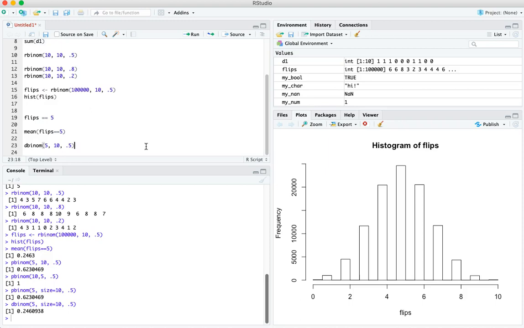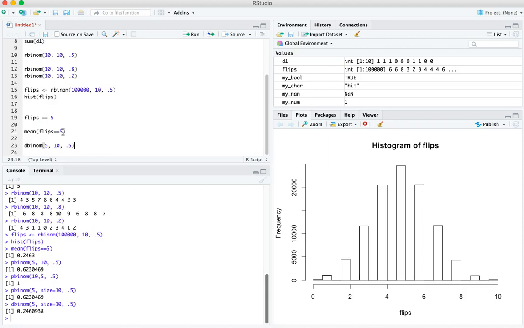So this formula is calculus based, and you do not need to have taken calculus in order to have taken this class. But all that you need to understand is that this is not a real experiment. Up here, when we were calculating the flips and finding the mean of where flips equals 5, that was a real experiment. We could get different results the next time.